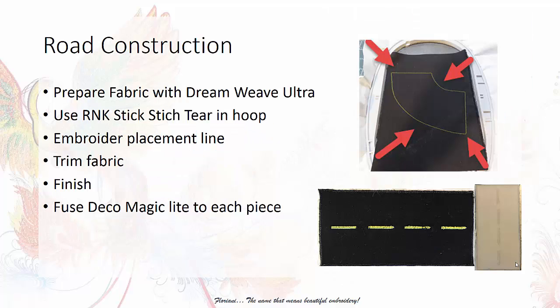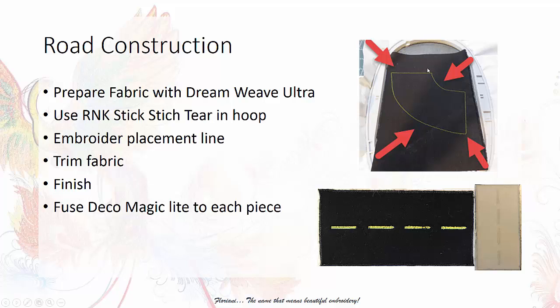As far as the road construction goes, so we're talking about how you're going to do this in the hoop. So fuse Dreamweave Ultra to the back of the fabric. I did not showcase that. I've shown it in previous lessons.